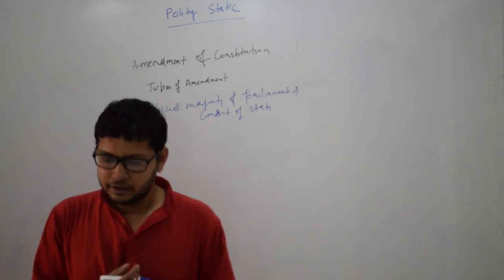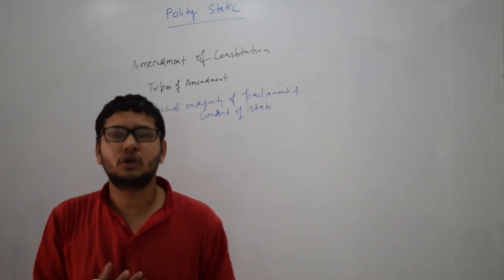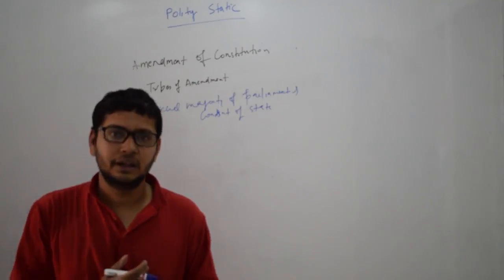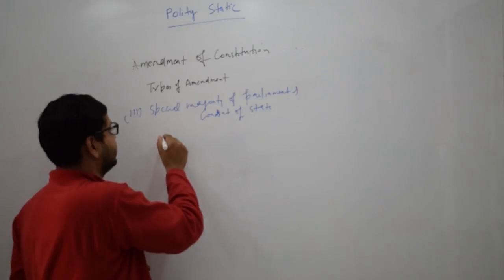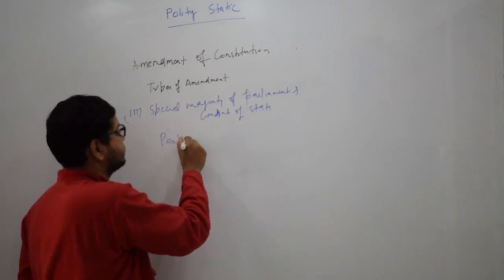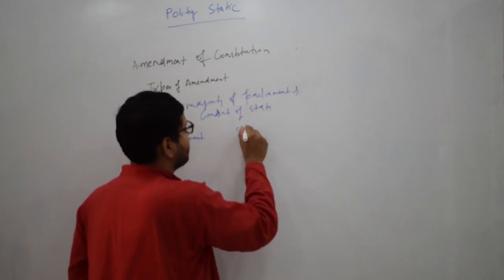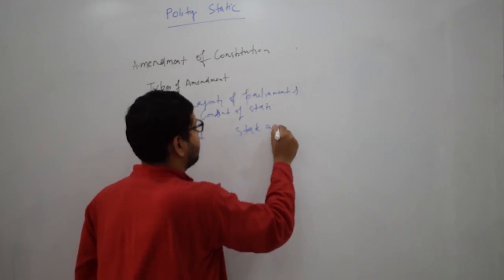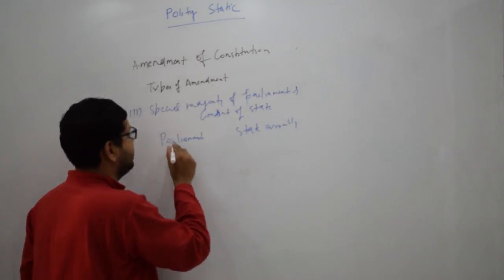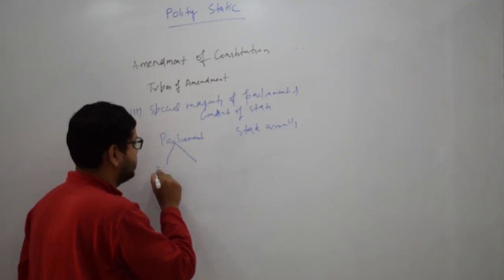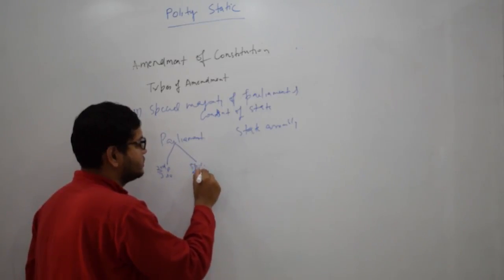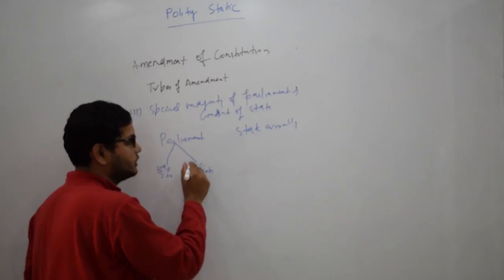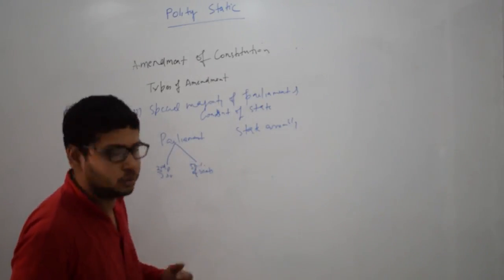And secondly, half of the states should also ratify that bill by simple majority. So first, the parliament has to pass by 2/3 present and voting and 50% of the seats, or the 50% of the strength of the house.